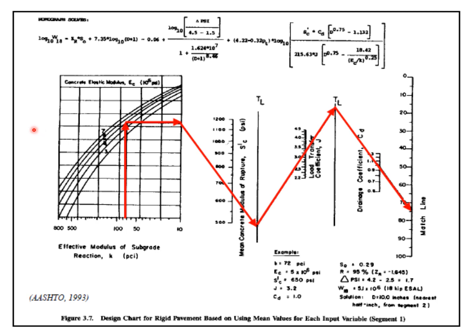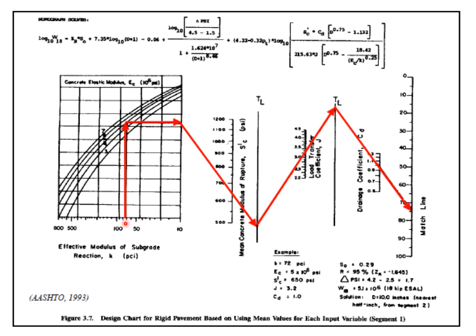So the different variables that I have already highlighted on the previous slide, we must know the values, and by using those values ultimately we'll be able to determine the depth of the concrete slab. Now here you can see the effective modulus of subgrade reaction, that is the most corrected value. Let's say that is this one.